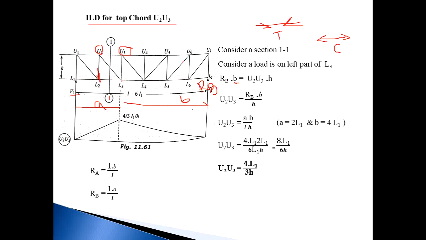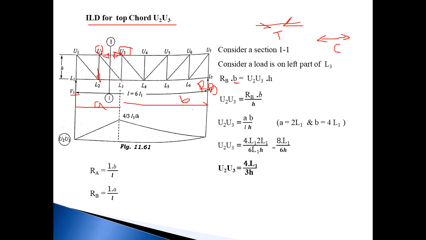To balance that moment, I want to provide a clockwise moment from U2 U3, which means U2 U3 is in compression, with the arrow head towards the joint. So the force in U2 U3 is compression.